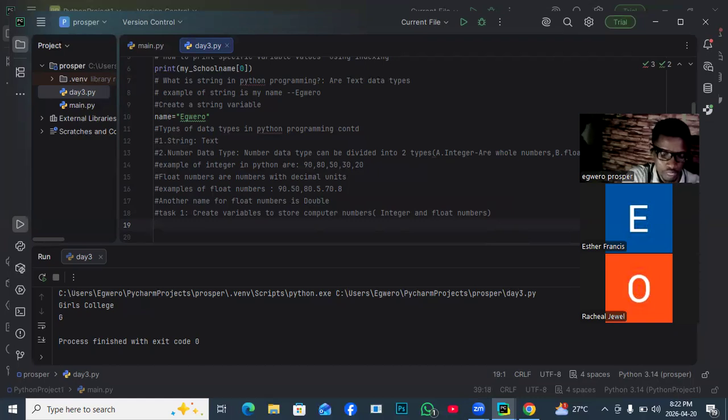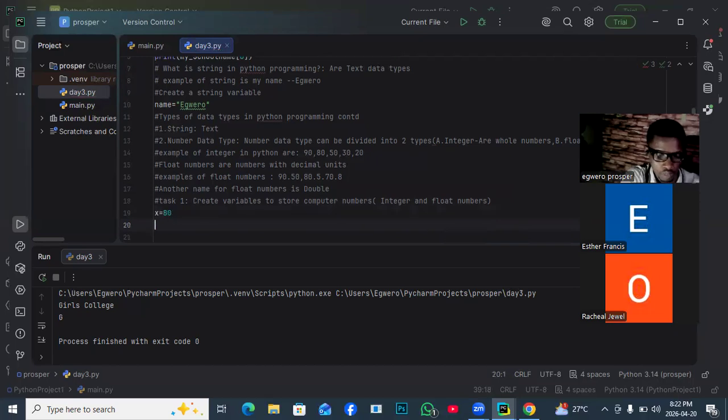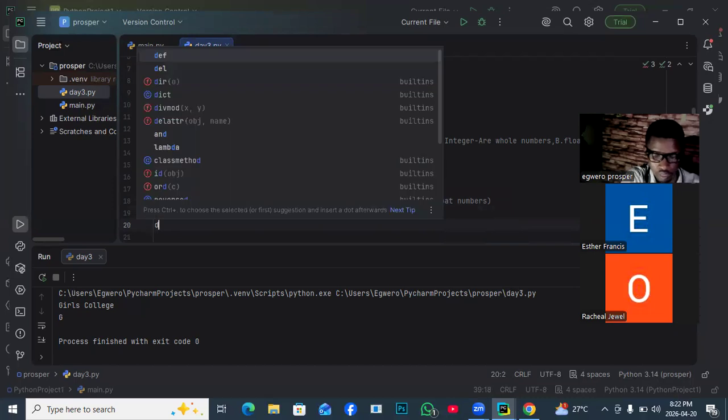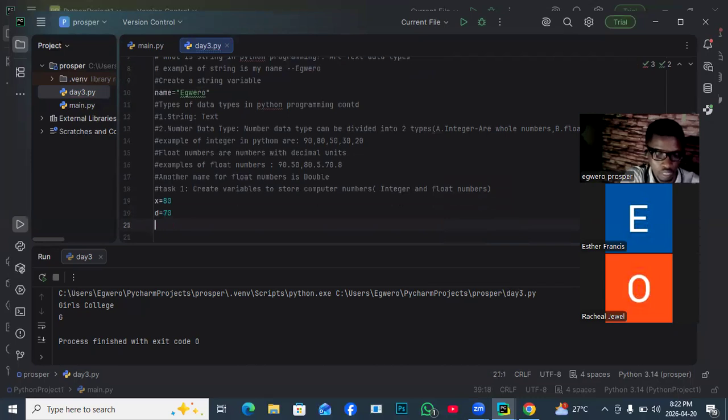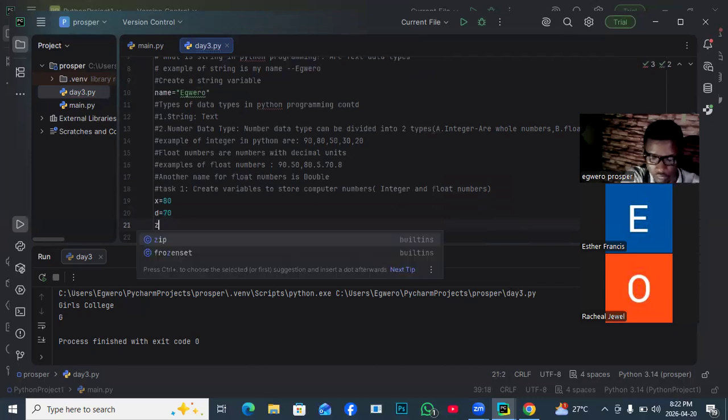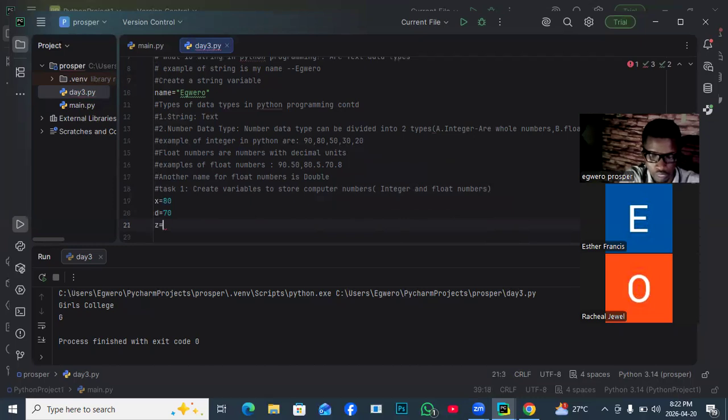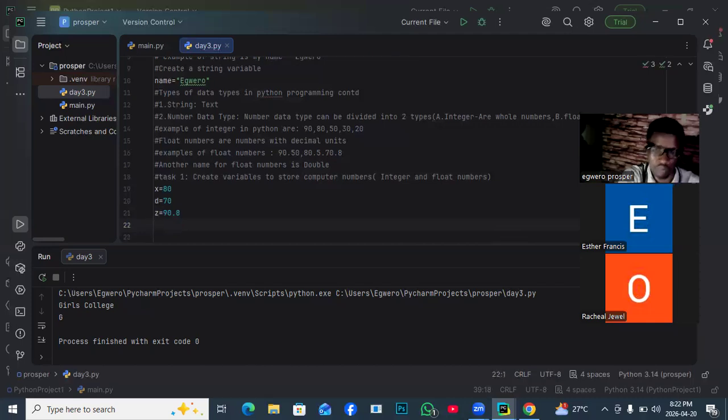So I can say variable s holds an integer, variable d holds another integer, let's say 70. Let's say variable z holds a float number, let's say 90.8.